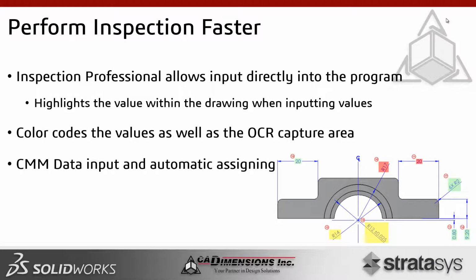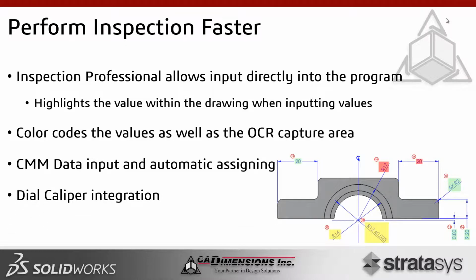The CMM data input has the ability to automatically assign values. So if you're using the CMM, you can bring in your CMM data and have the software automatically assign based on specific values. If you have a lot of unique dimensions and tolerances, it can automatically assign them to everything.